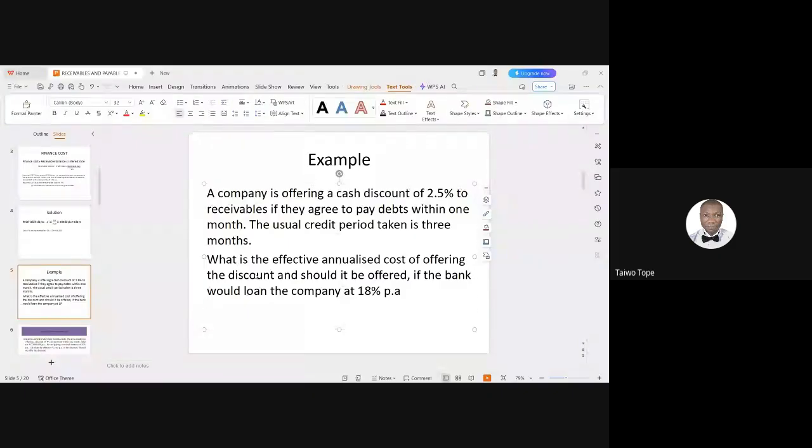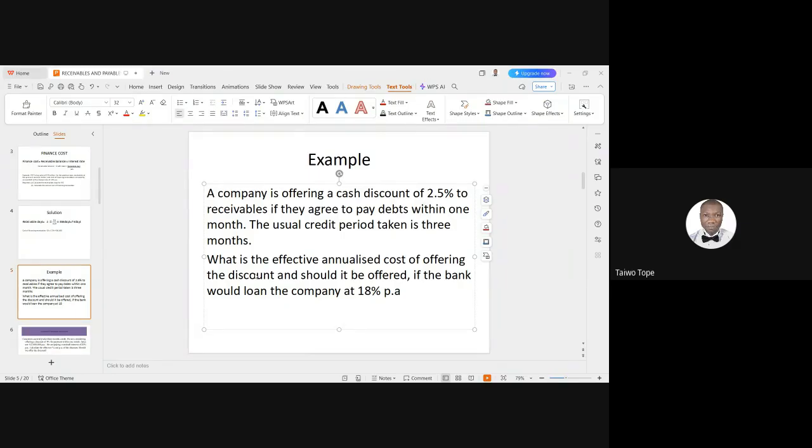So within that year, 12 divided by 2, it means 6 months will be saved. The organization will quickly get back their money and save the cost of financing those receivables.